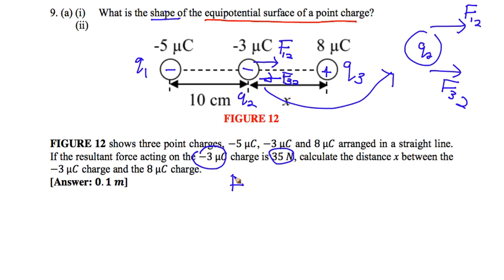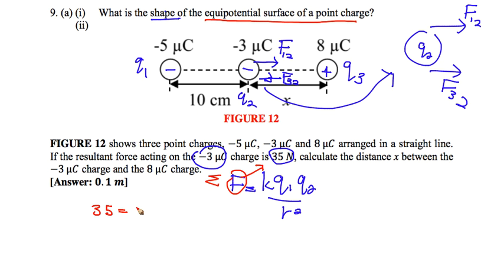As you know, the electrostatic force is equal to k q1 q2 over r squared. So the force here refers to the resultant force given by the question, 35 Newtons. The first force is F12, the force between q1 and q2.